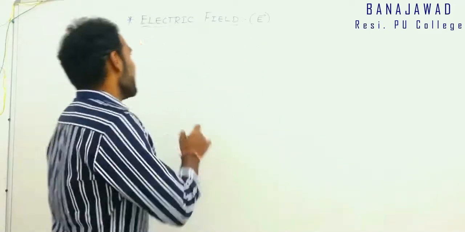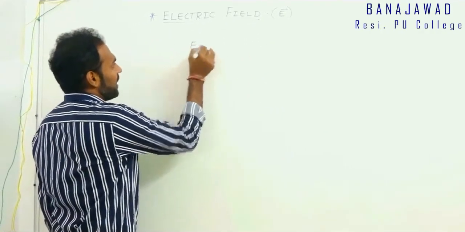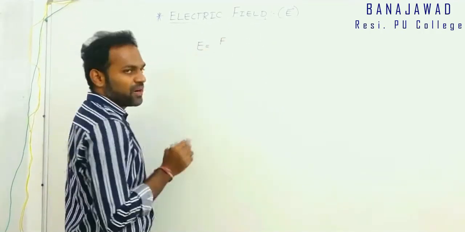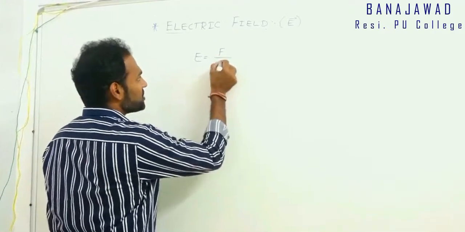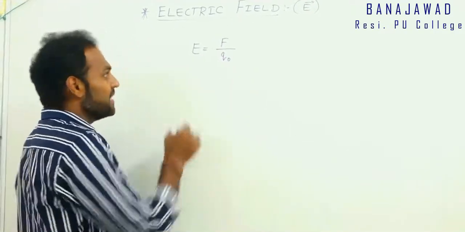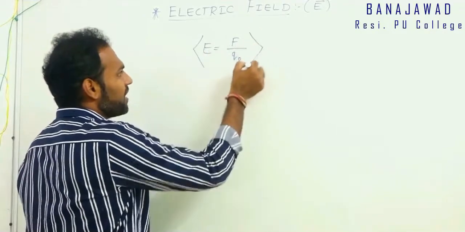It means electric field is the electrostatic force per unit positive test charge placed at that point. E is equal to F by Q0.